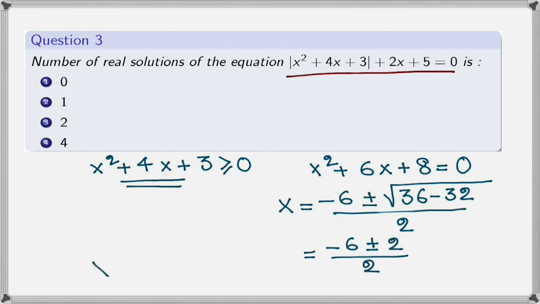So we have x is equal to minus 2 or minus 4. Now we shall check that among these two values of x for which the condition x square plus 4x plus 3 bigger than or equal to 0 is satisfied. We rewrite the condition here again. x square plus 4x plus 3 is bigger than or equal to 0.